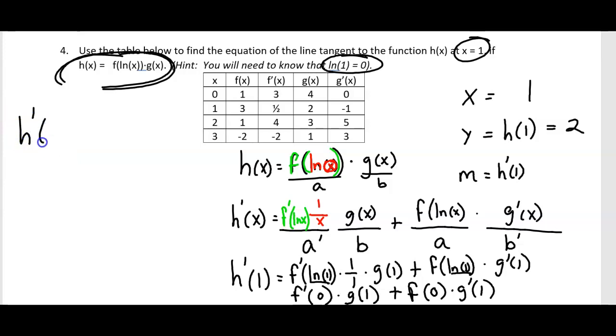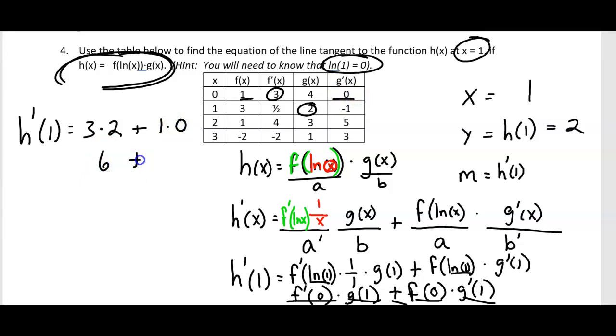h prime of 1 then is going to be f prime of 0, which we see as 3, multiplied by g of 1, which is 2, plus f of 0, which is 1, multiplied by g prime of 1, which is 0.